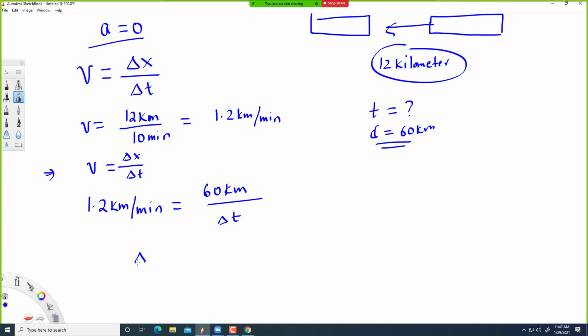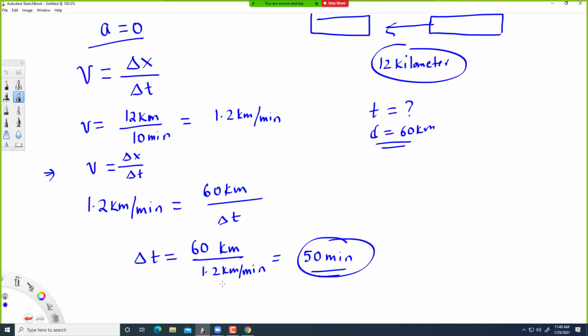Delta t would be equal to 60 over 1.2 kilometers per minute. If you do the math, what you get is 50 minutes. Okay, you can do the calculation. I may be wrong, I'm just doing the math in my head.